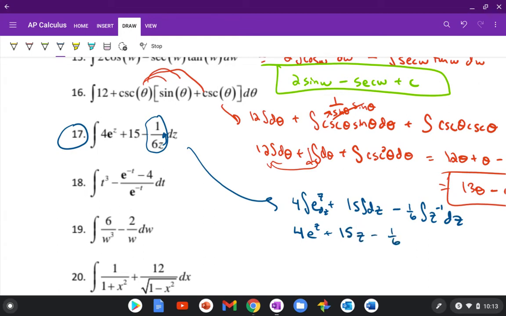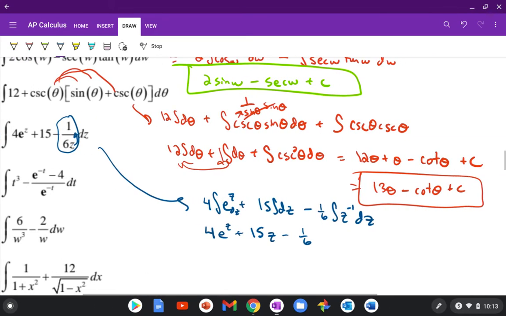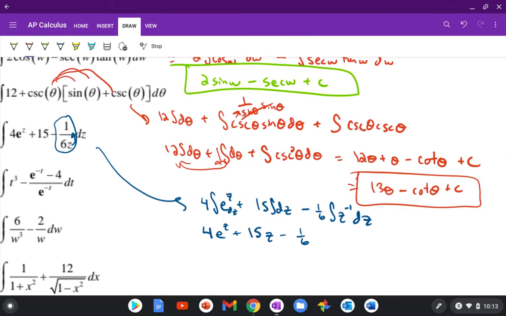minus 1/6. Now here's where you got to do some other thinking back, a lot of reverting back to old stuff today. When we add 1 here and divide, we would get z to the 0 divided by 0. That can't be right because we get undefined, right? So something's amiss here. So what I want you to think about is, I know generally we're supposed to write it as a negative exponent, but if we looked at it as 1/6 integral of 1 over z dz, and think back to a derivative that when you take the derivative, you get 1 over z or 1 over x.